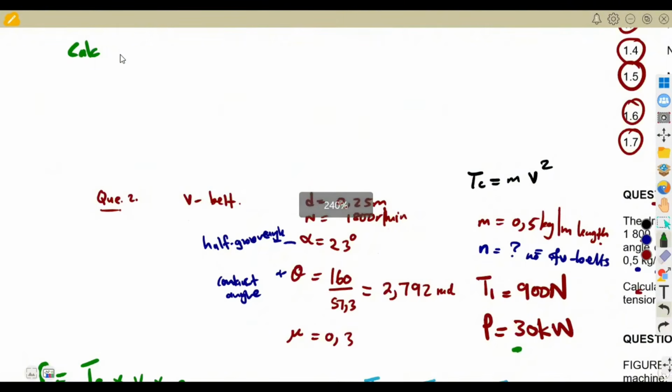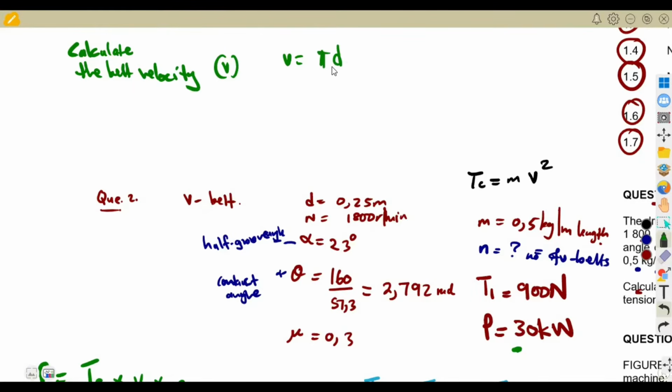So you're going to calculate the belt velocity, which is V. If we are not given the belt thickness, it's going to be pi d N over 60. We're given this in revolutions per minute. We're just going to use capital letter N, whatever you understand, but that's pi d N over 60 in meters per second.